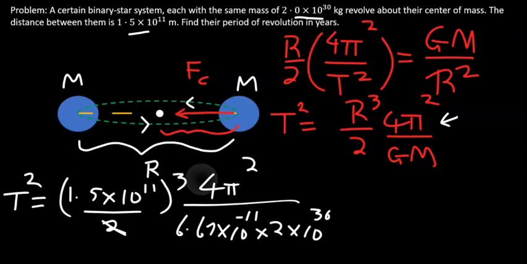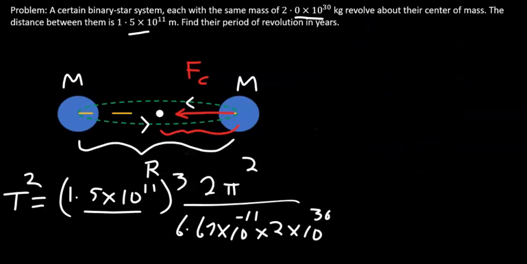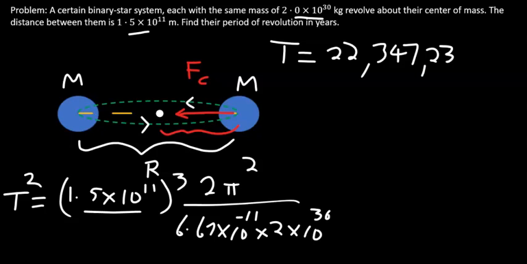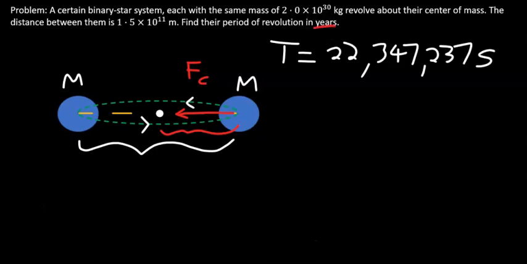This 2 will cancel the 2 from the top, giving 2 pi squared, and solving for T, you get 22,347,237 seconds.